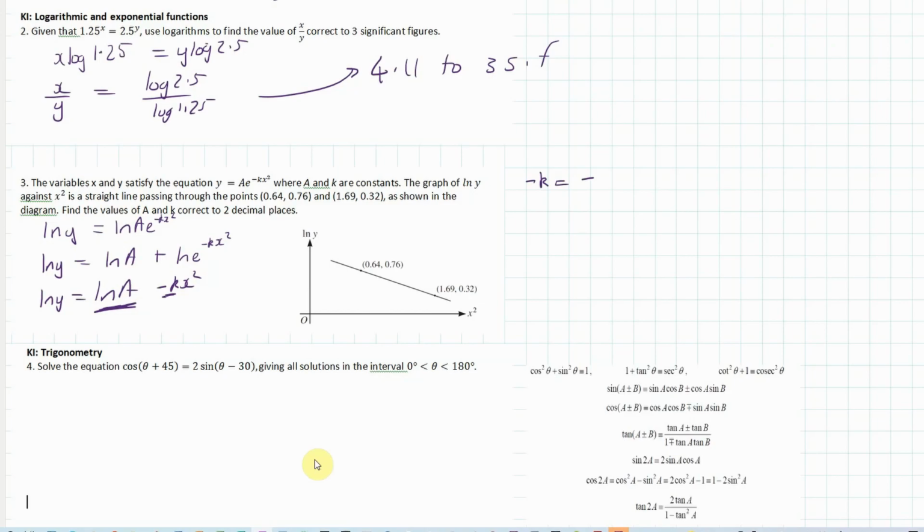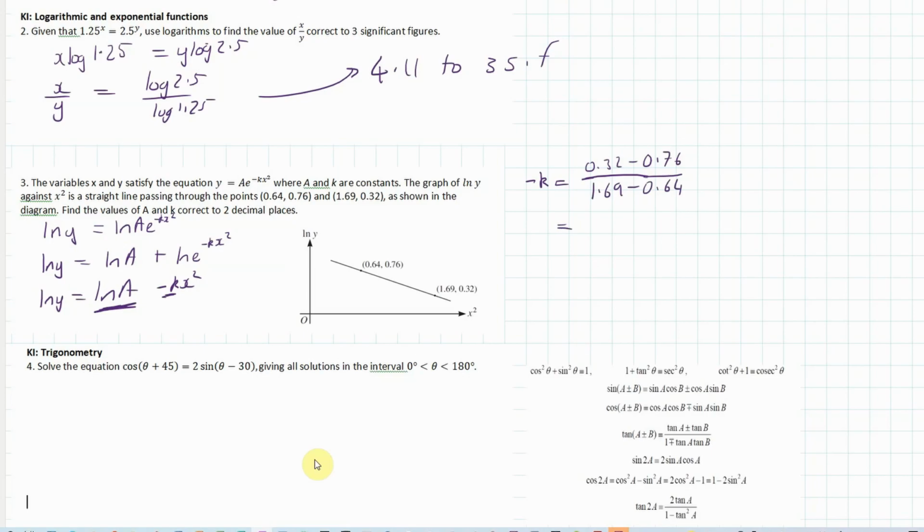sorry, we'll change in y over change in x. So the original y, so 0.32 minus 0.76 should be all over 1.69 minus 0.64.